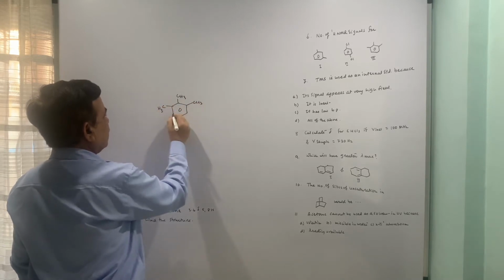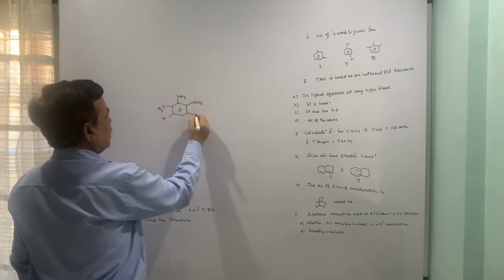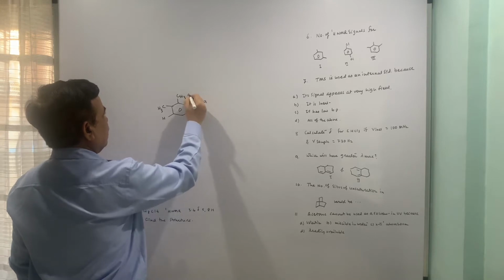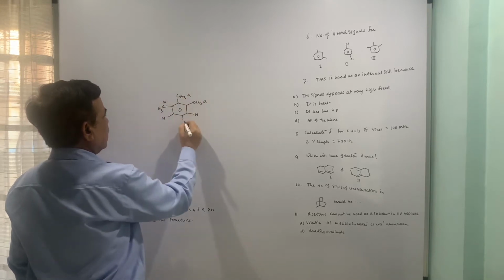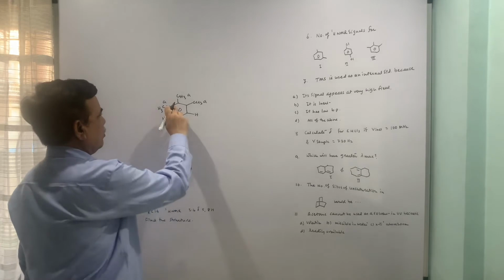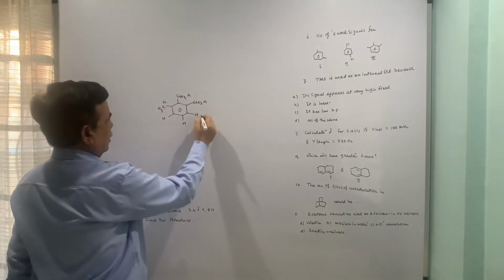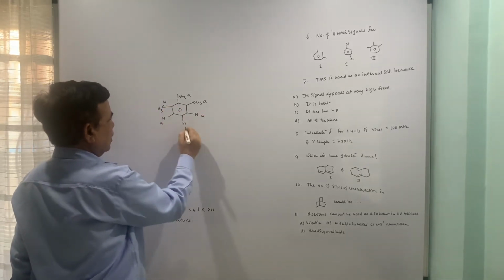Now 1, 2, 3, you can say that these all show one signal because they are more or less the same, and these two are the same, this is different.